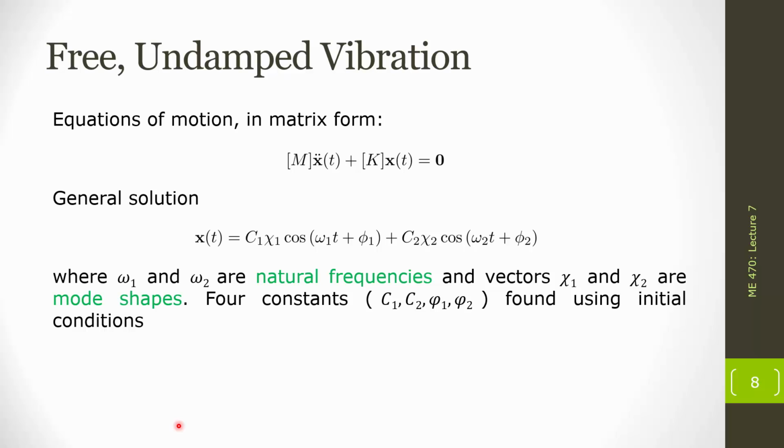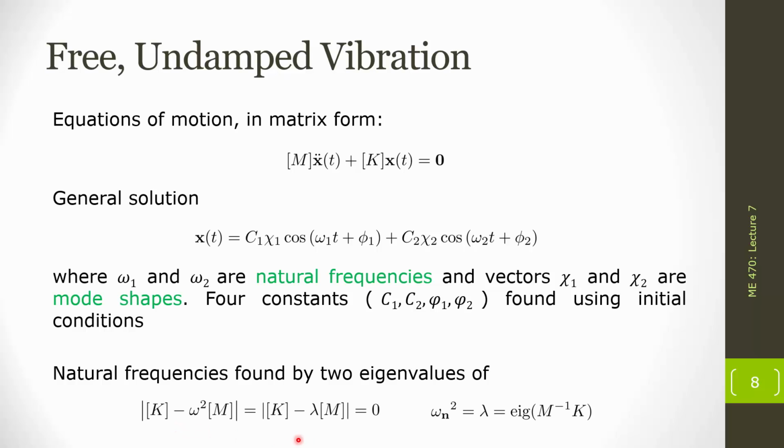The natural frequencies are going to come from the eigenvalues using M and K, the mass and the stiffness matrices. I'm not going to go through all of the math that's involved here, but it is going to be coming from the homogeneous solution to this equation. Now in this case, it's free vibration, so the homogeneous solution is the total solution, but this method is also going to be true when we get into forced systems, that still it comes from the homogeneous solution to our problem.